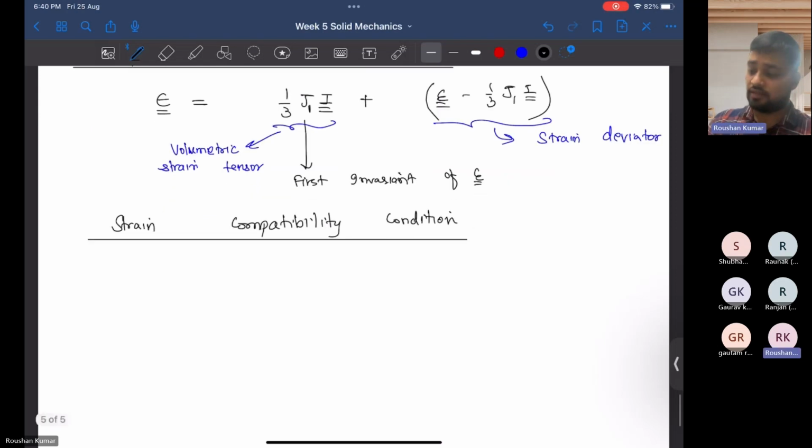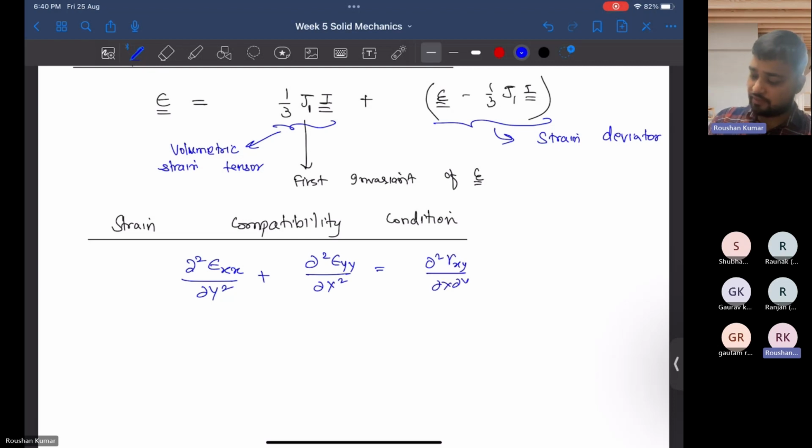So there are 6 compatibility conditions. I simply write here: del 2 epsilon xx upon del y square plus del 2 epsilon yy upon del x square is equal to del 2 gamma xy upon del x del y. This is the first equation. In the same way, we have another equation: del 2 epsilon yy upon del z square plus del 2 epsilon zz upon del y square is equal to del 2 gamma yz upon del y del z.